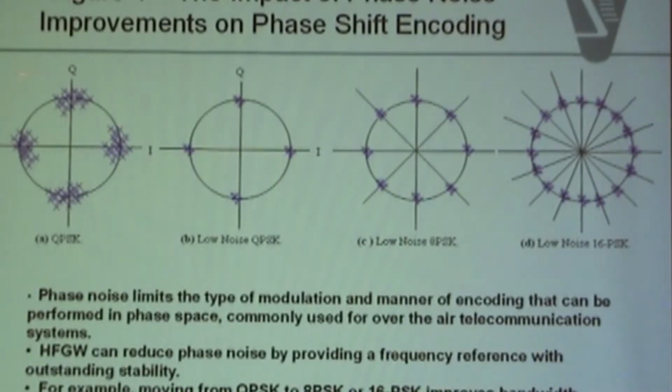And so for a given amount of phase noise, you can achieve given phase shift keying. If you reduce the phase noise, you can squeeze more symbols into the same phase space.